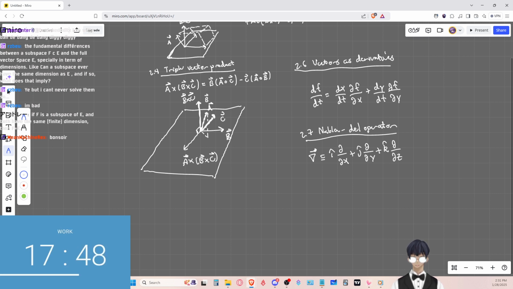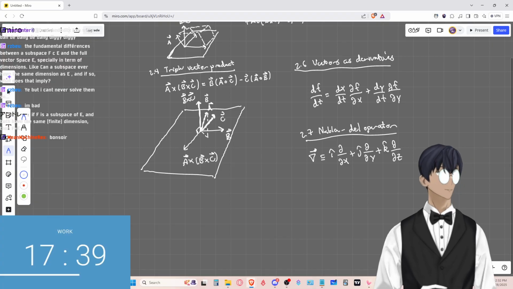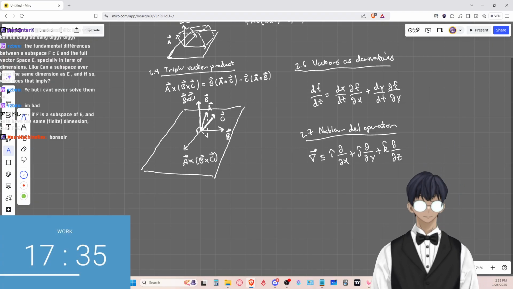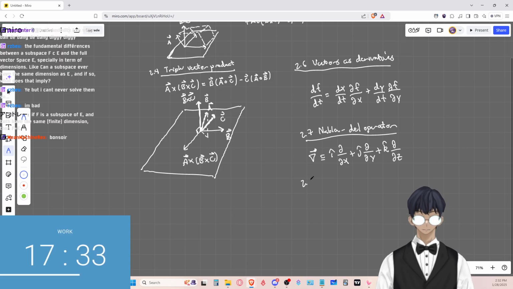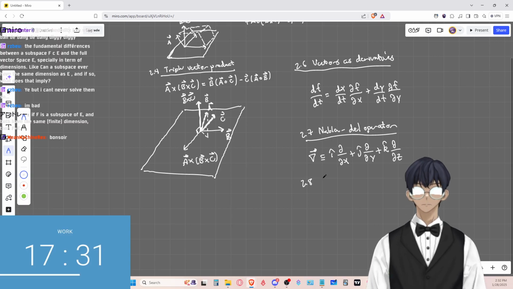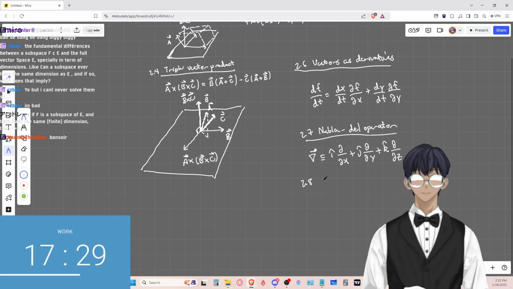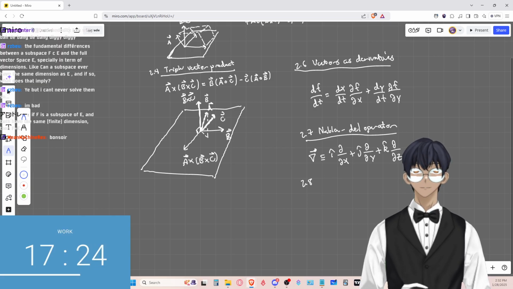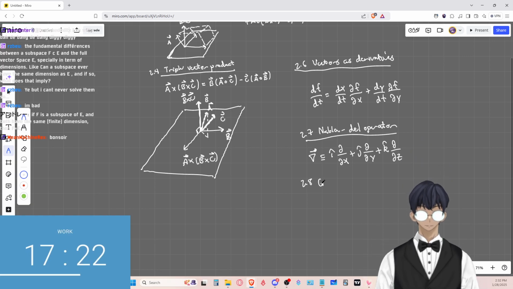Oh, maybe they are. And now we go into the gradient. Just go down. We already did the Nabla. Now we're going to the gradient.